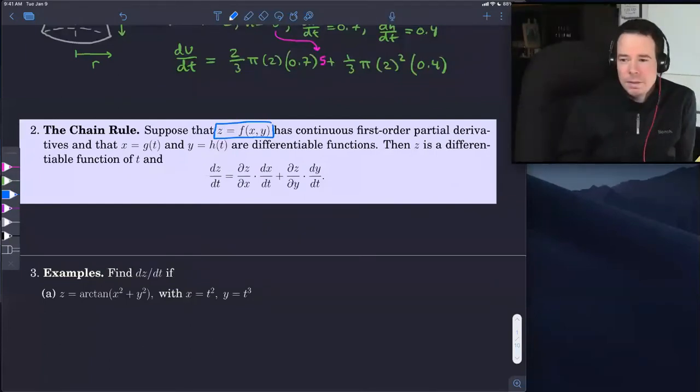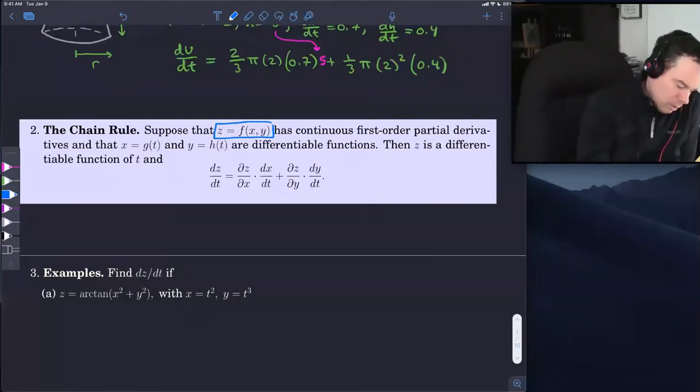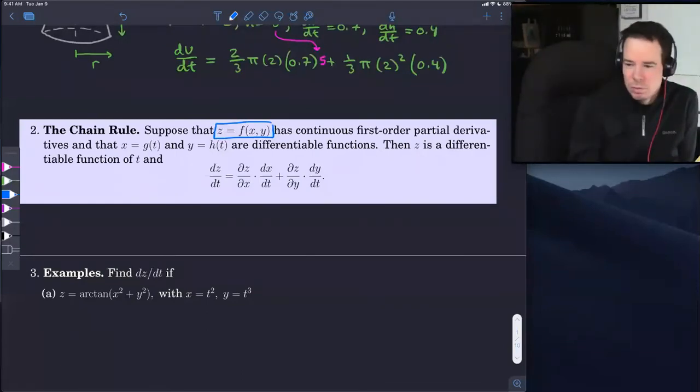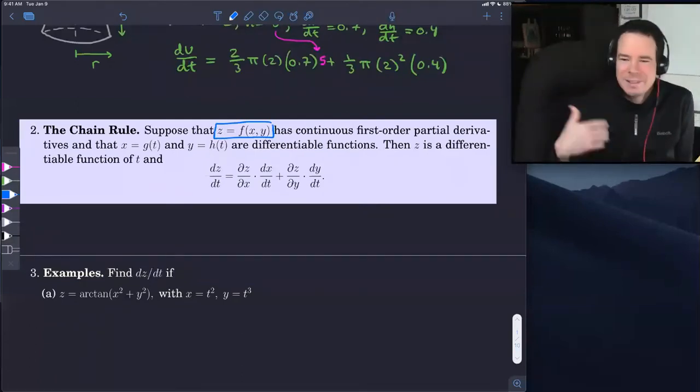So it makes sense to ask, what is the derivative of z with respect to t? And it turns out that it's just the derivative of z with respect to x times the derivative of x with respect to t, plus the derivative of z with respect to y times the derivative of y with respect to t. So there's a very nice cadence or rhythm here.